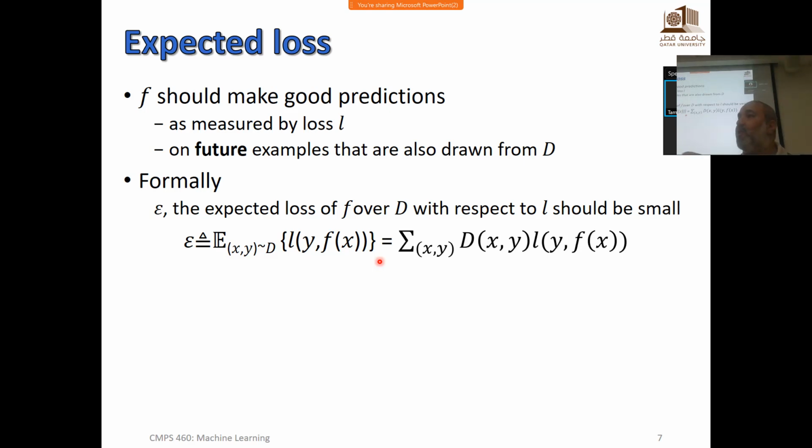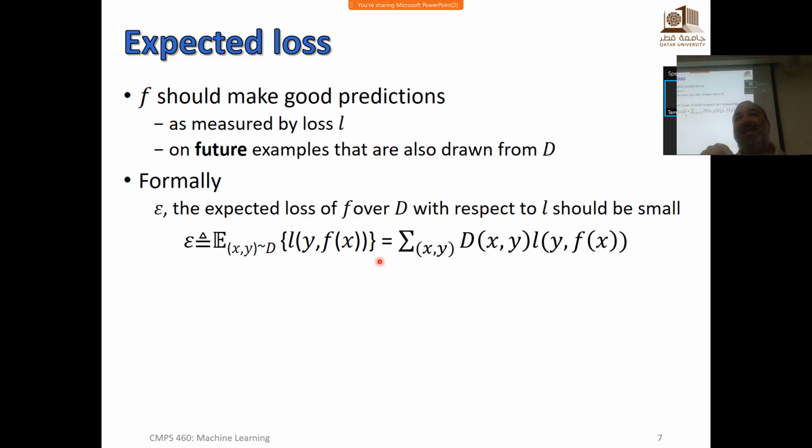Which means that if we computed the loss over all possible instances of XY pairs in our domain, then this number should be small, right? So we should minimize it, right? So we want eventually to learn a function or a model that has small expected loss.